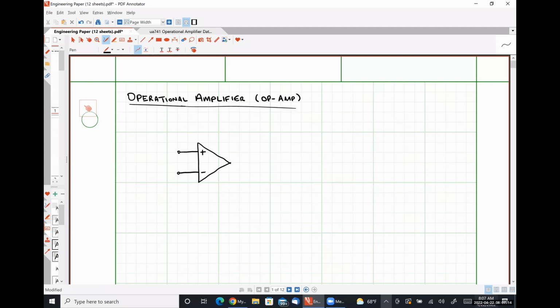It does not in any way, shape, or form change the behavior of the amplifier itself. I like to switch it over on occasion to make circuits easier to draw. That's literally it.